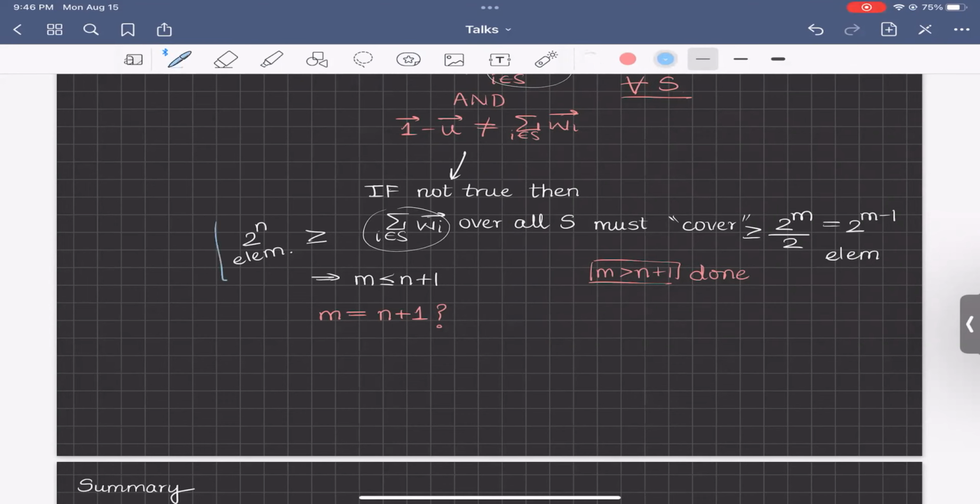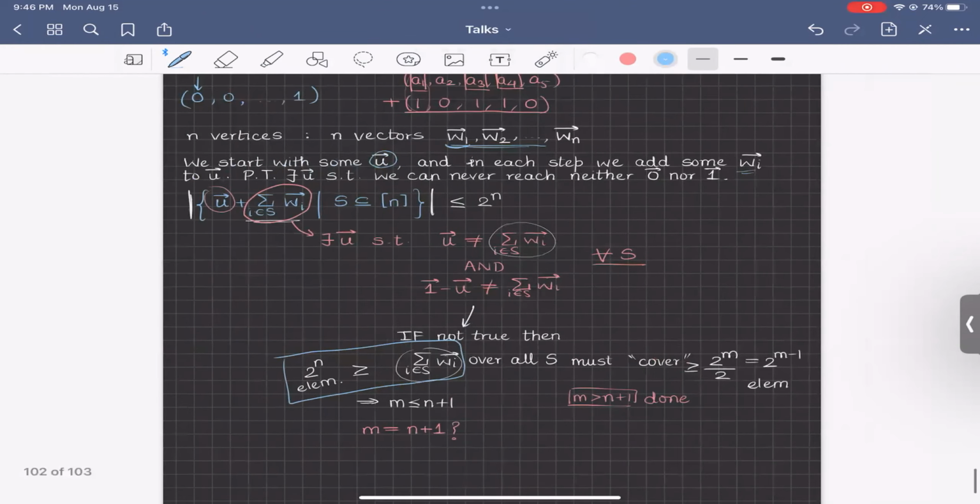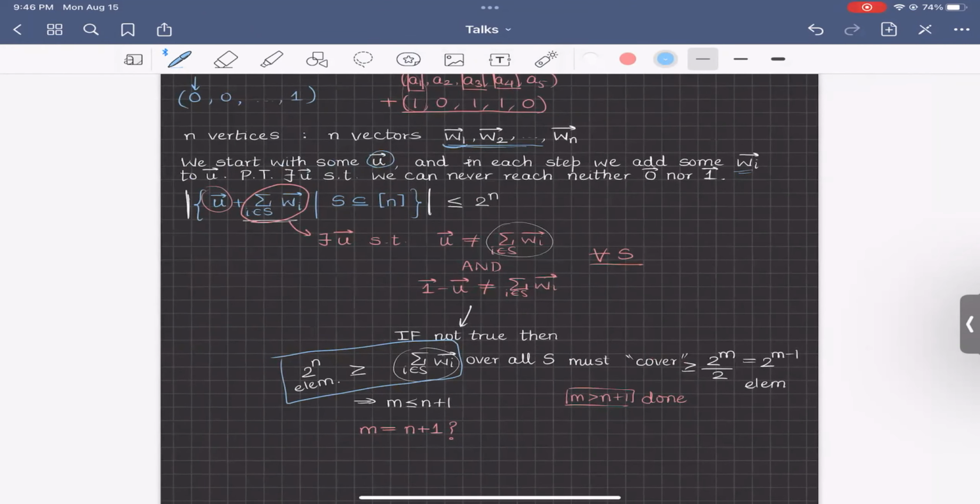So think about this part. Well, that says the vectors are linearly independent, because this must be tight.